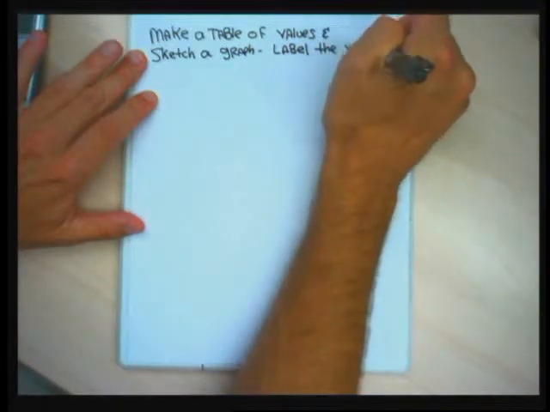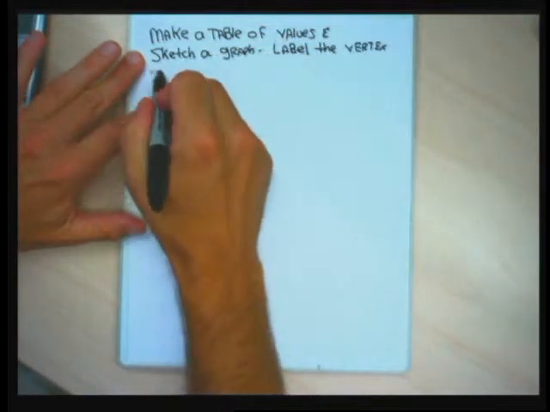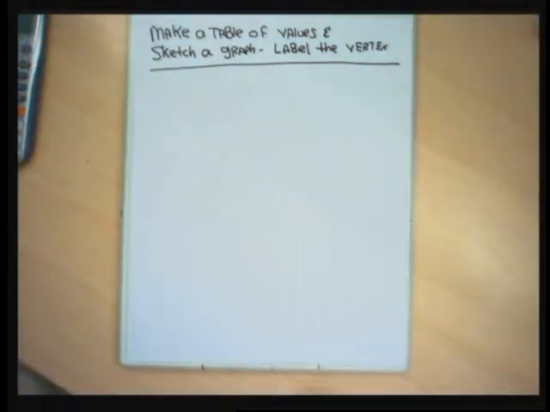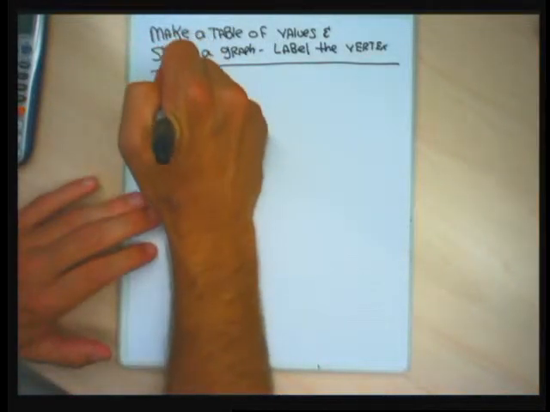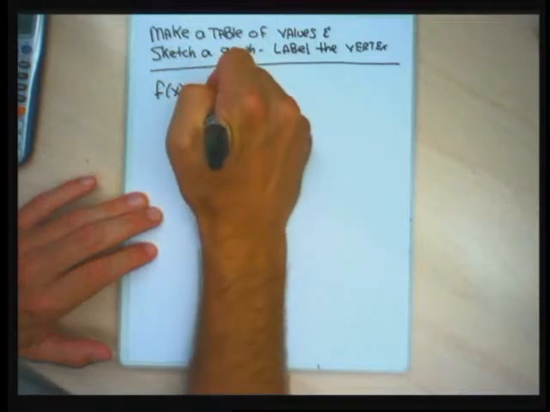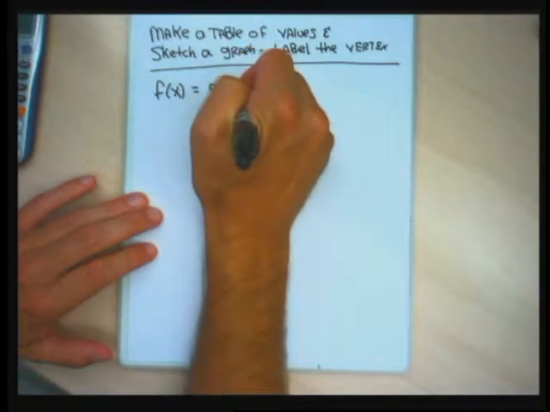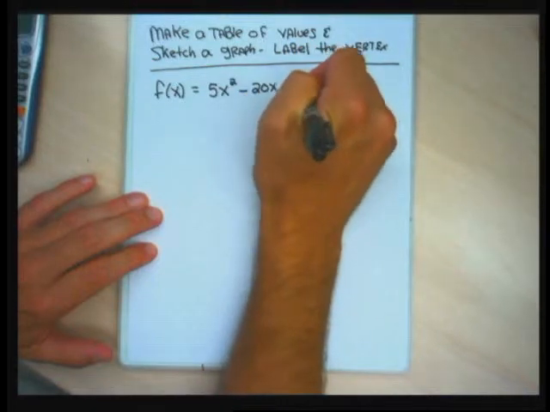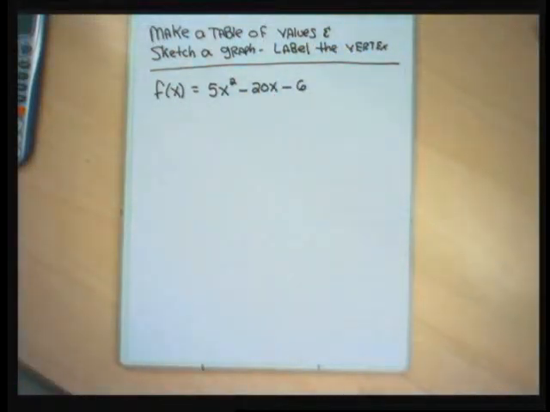I'm going to make up problems that highlight each of the styles of tables that came up in section 5.3. So for each problem, I'm going to write a function, and I'm going to make a table of values and sketch a graph. So here's the first problem.